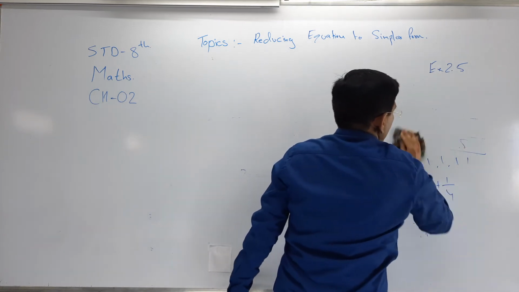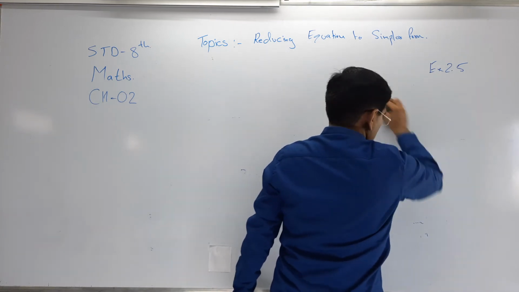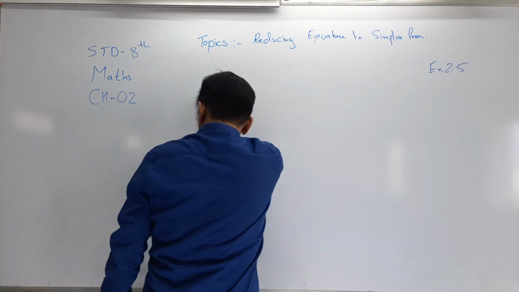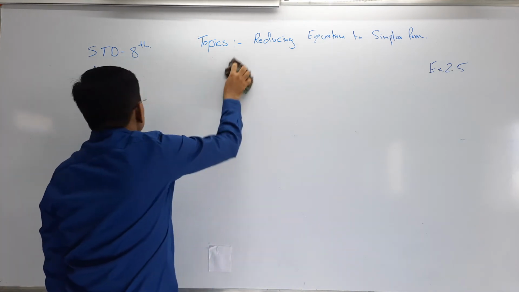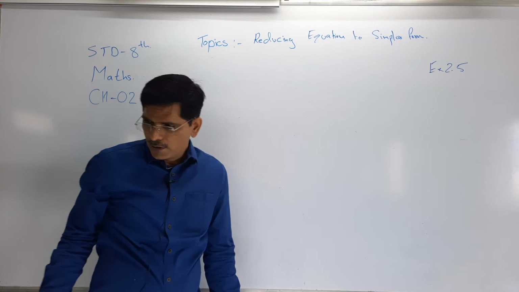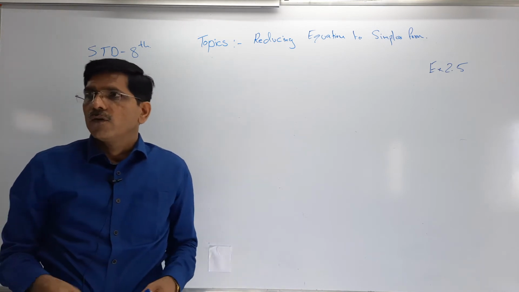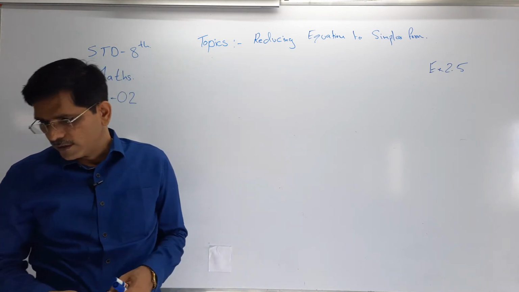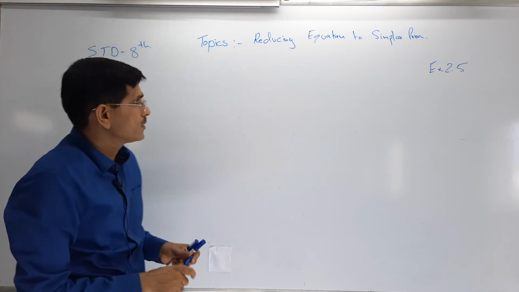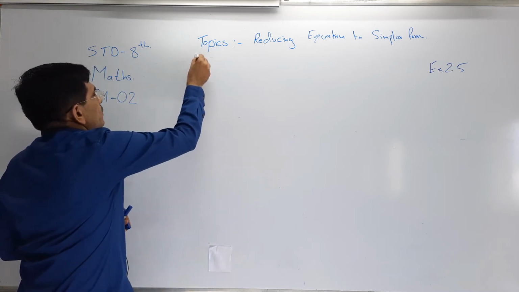So in exercise 2.5 we are doing questions. The first question I have completed. Now according to the student demand we have to do a different sum. One more sum is also complicated that we have to do.